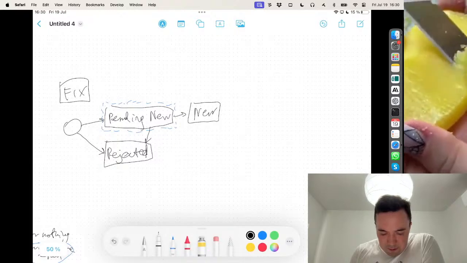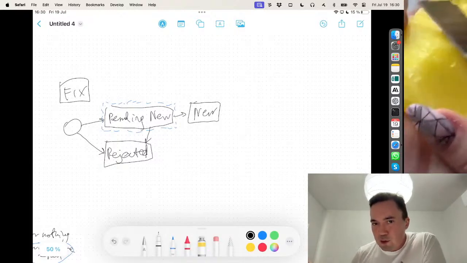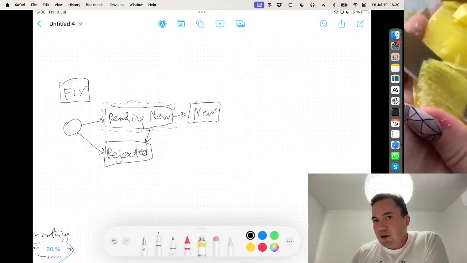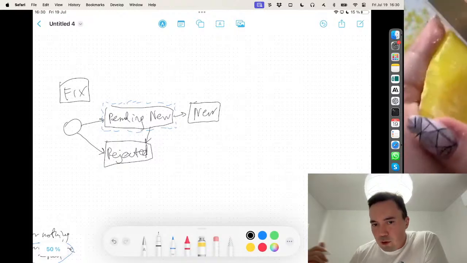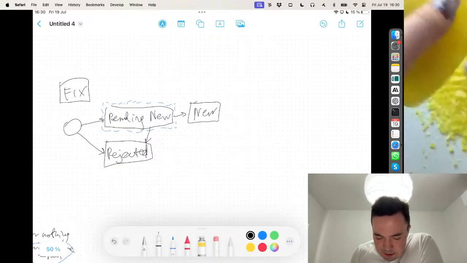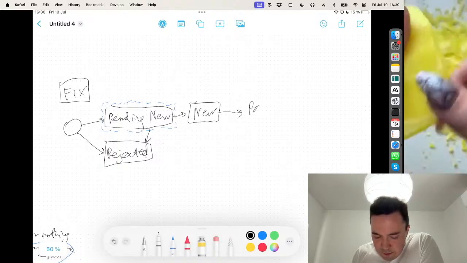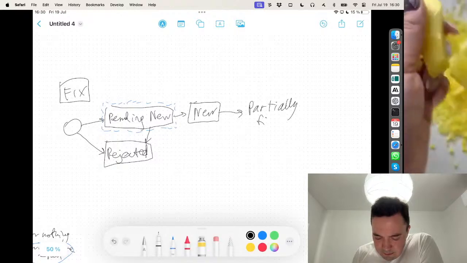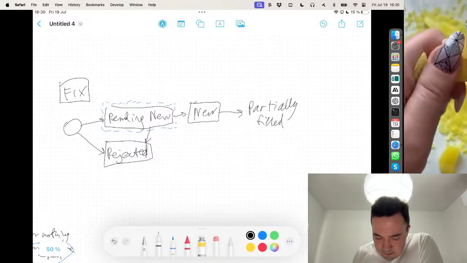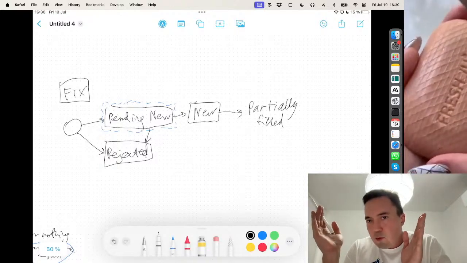So after the order got into status new, it means that the exchange has started working with it, and it will maybe match it with some other orders. So when that happens, the order becomes partially filled. If the order is able to partially fill, right?